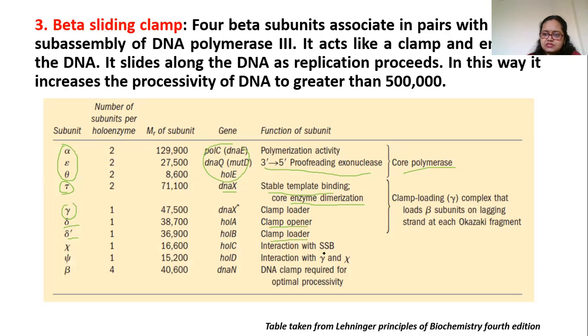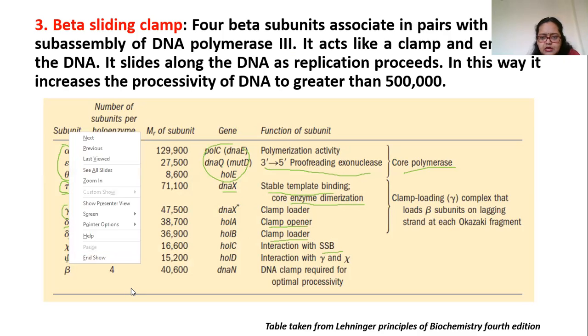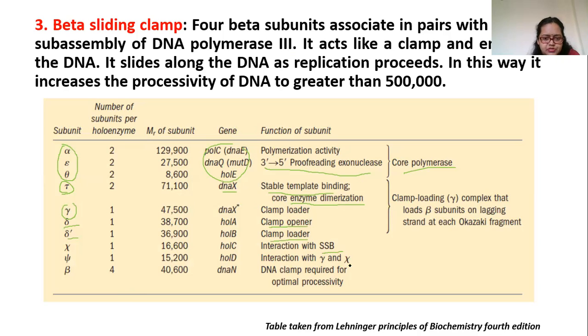What does SSB stand for? Single stranded DNA binding protein. Then psi interacts with the gamma and chi subunits. Now the beta subunits, which form the beta sliding clamp, function as the DNA clamp required for optimal processivity.